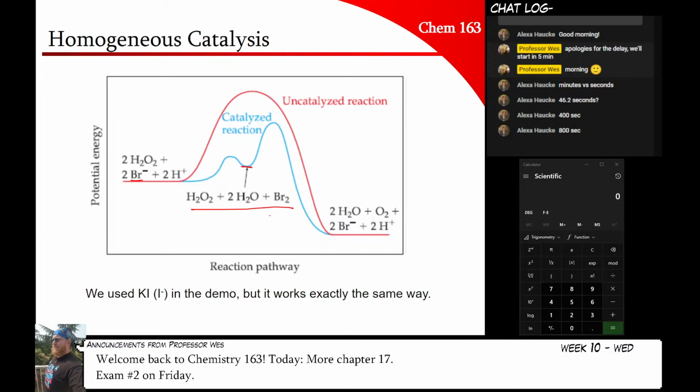That will then react to give me my catalyst back. So for this reaction, it looks like Br minus is being oxidized to Br2. And then peroxide is reducing Br2 back to Br minus to produce water and oxygen.